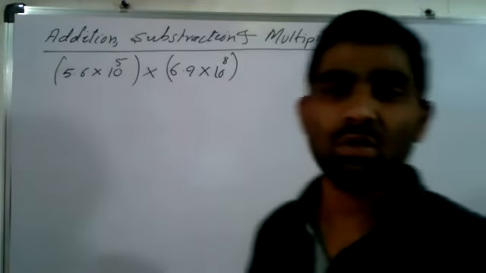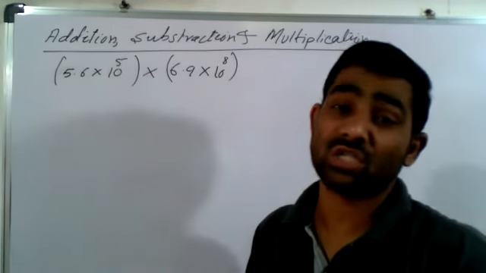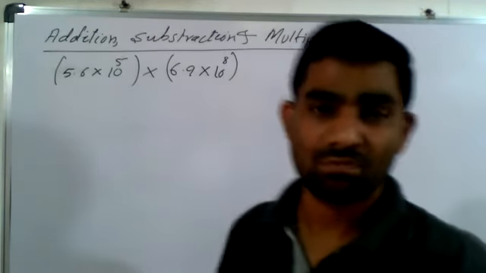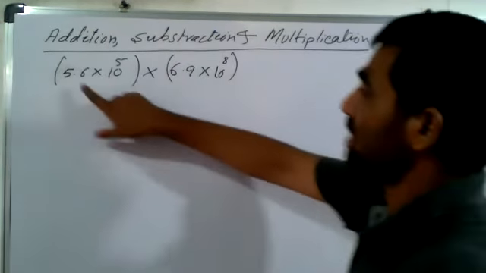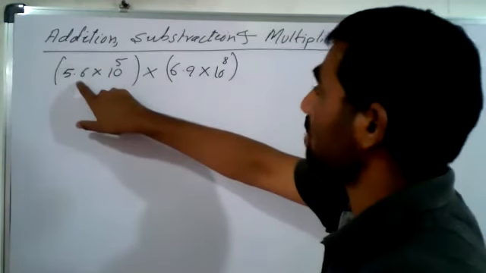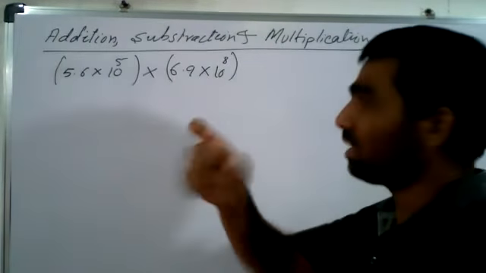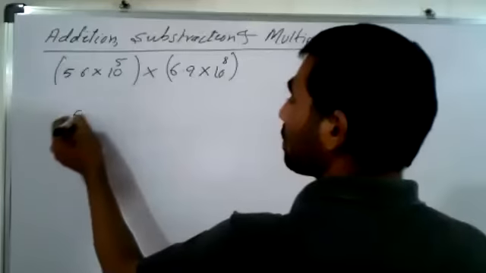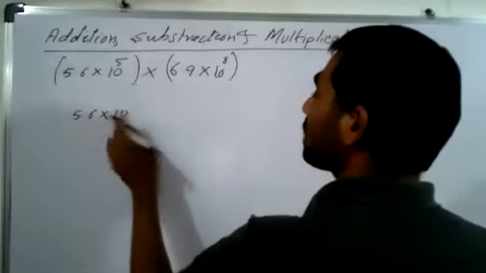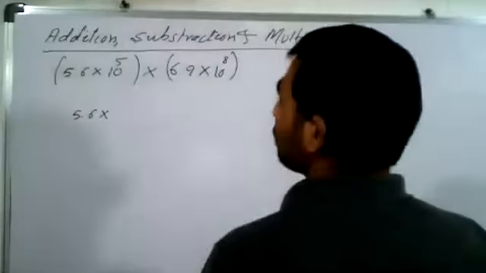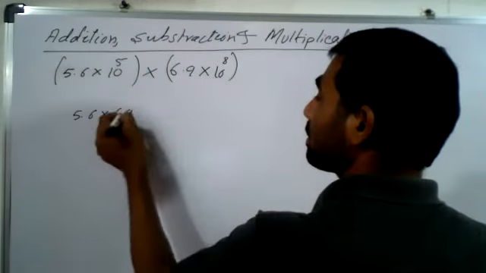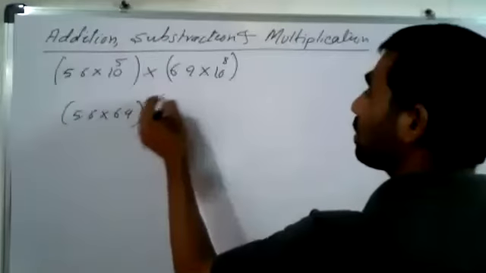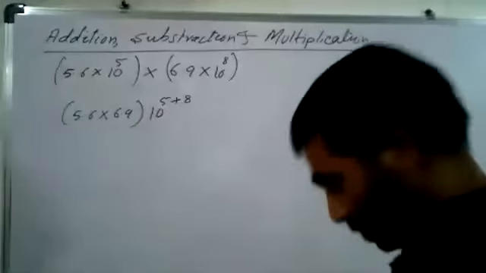Here, in multiplication, there is no need to make any change in the exponent value. What is the simple idea from the mathematics concept? Just take this number and this number, multiply these two numbers, and for the exponent, do their addition. So we can write 5.6 into 6.9, and 10 to the power 5 plus 8.